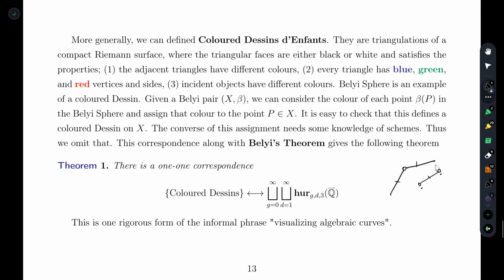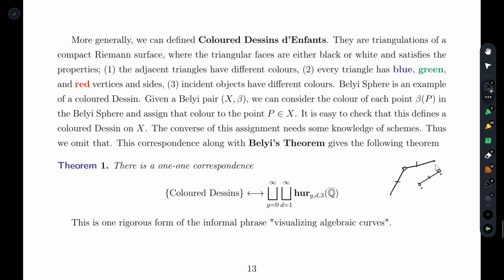And hence we can combine this with Belyi's theorem, which says that a compact Riemann surface is defined over some algebraic number field if and only if it admits a holomorphic map which has at most 3 critical values.